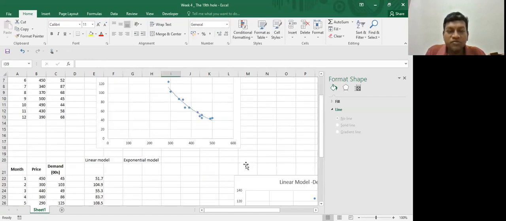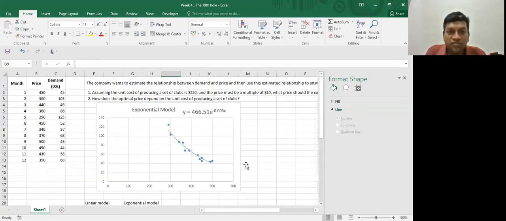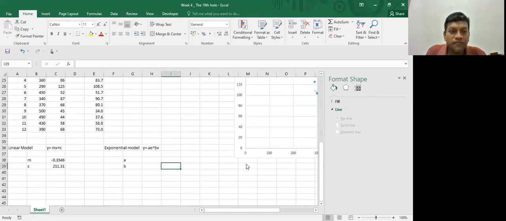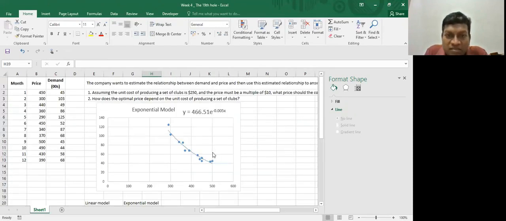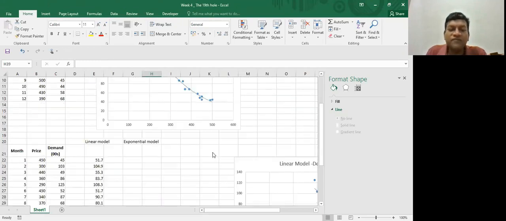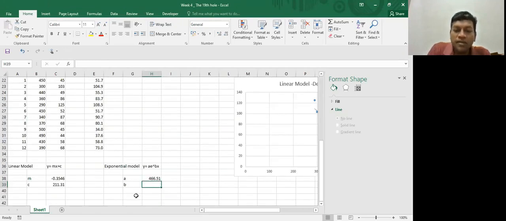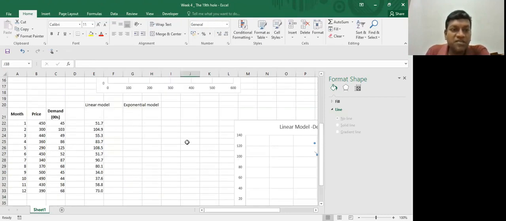Let's determine what those values are. A is 466.51, and b is minus 0.005. Okay, so we have the exponential model.